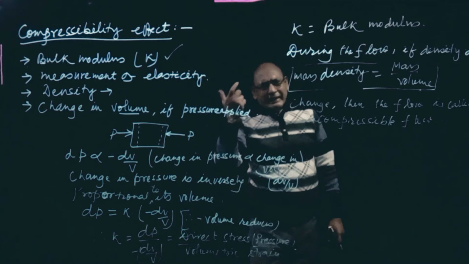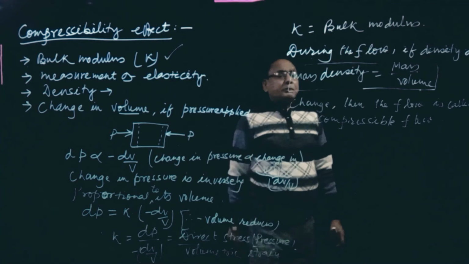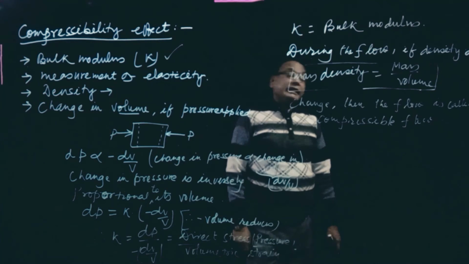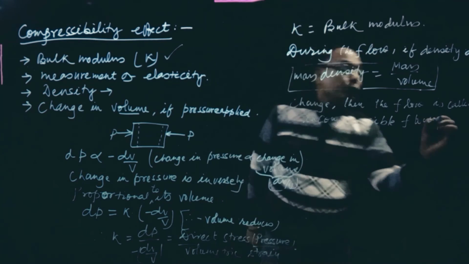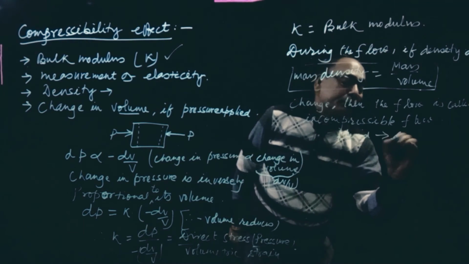During the flow, if the fluid's density does not change, or if it changes by only a very minor, negligible amount, then the flow is called incompressible flow, or the fluid is called an incompressible fluid.